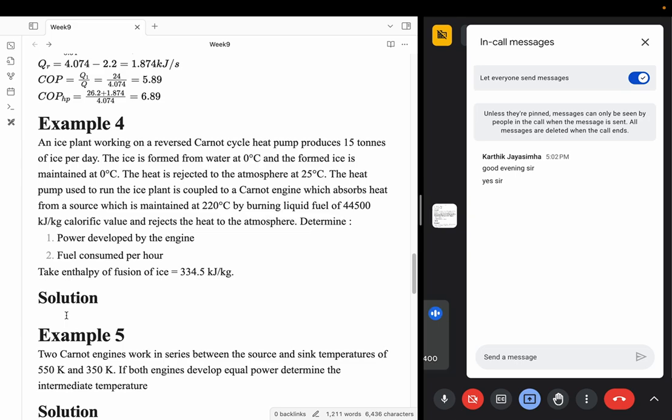We'll assume that whatever heat is generated from the Carnot heat engine is completely given to the reverse Carnot cycle. So how do you calculate the power by the engine? So what are all the inputs given?